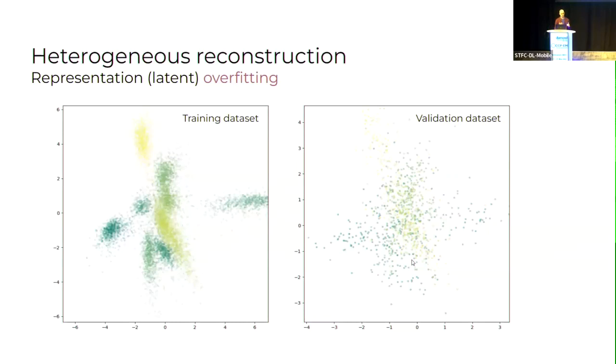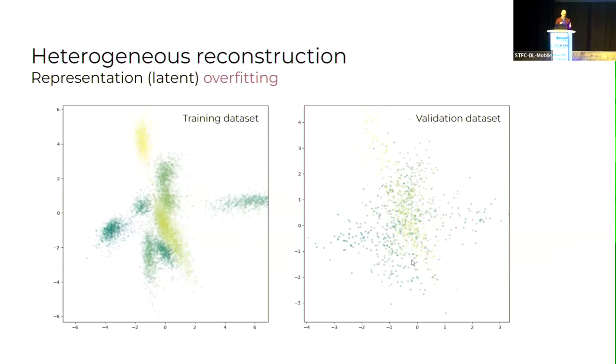This data set has a very high signal to noise ratio, so the effect is less severe, but for a realistic data set, this should be even worse. So I'm just going to mention this, and the point I'm trying to make is that in normal cryo-EM reconstruction, we have to regularize the reconstructed density.